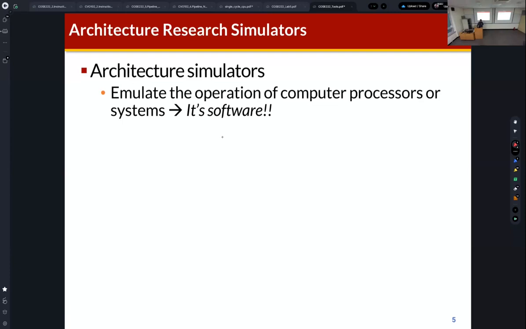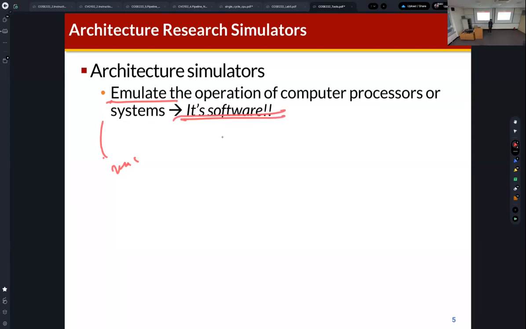So this is the definition of architecture simulators. Architecture simulators emulate. Emulate means to imitate, and in Korean it represents mimicking. So they emulate the operation of computer processors or systems, but in software.